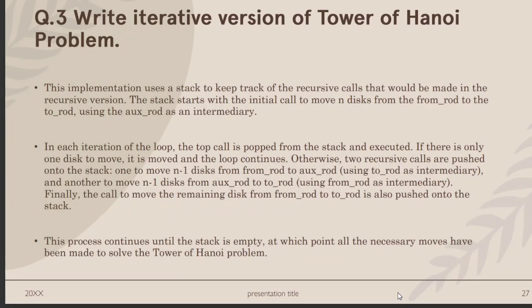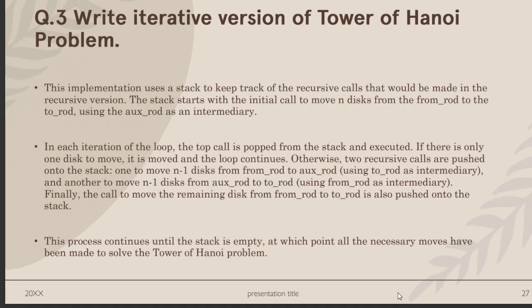Then the third question is: write an iterative version of the Tower of Hanoi problem. This implementation uses a stack to keep track of the recursive calls that would be made in the recursive version. The stack starts with the initial call to move n disks from the source rod to the destination rod using the auxiliary rod as an intermediary. In each iteration of the loop, the top call is popped from the stack and executed.